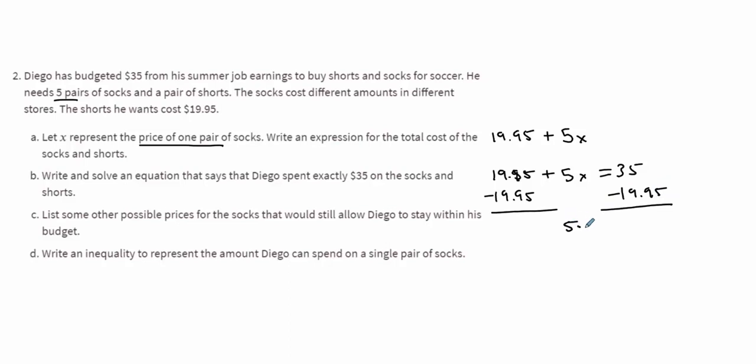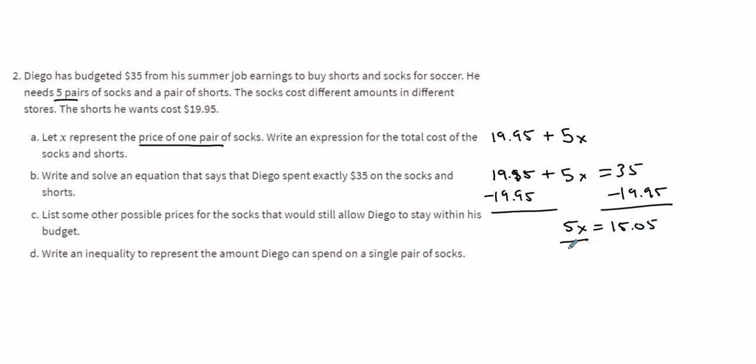So we end up with 5x is equal to 35 minus $19.95, which is $15.05. Wait, no, $16.05. Oh, no, it is $15.05. What am I doing? Okay.